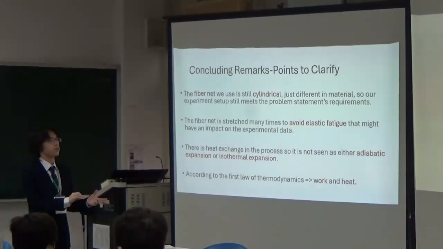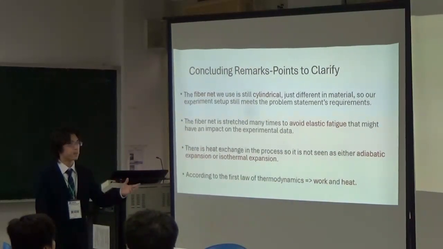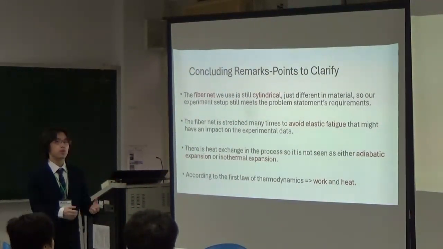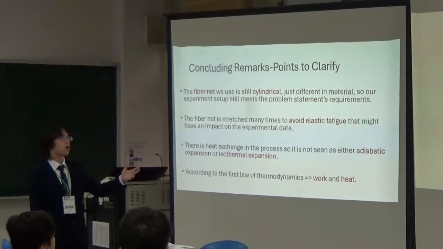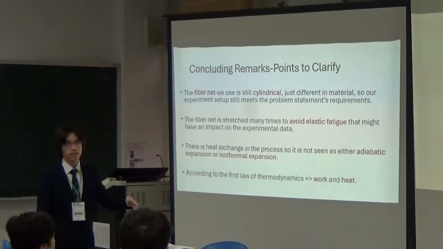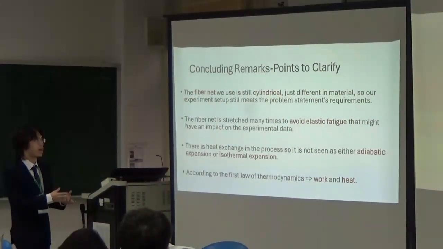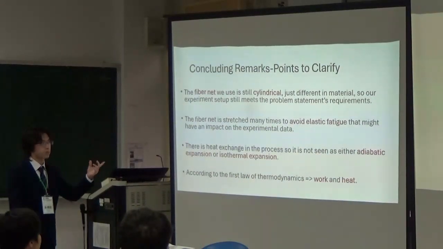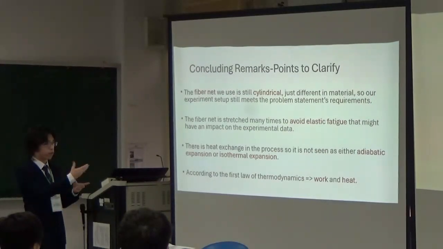It is just a little different in the material, so our experiment setup still meets the problem statement's requirement. And the fiber net is stretched many times to avoid elastic fatigue, which might have an impact on the experimental data. So we have already done things to avoid this.